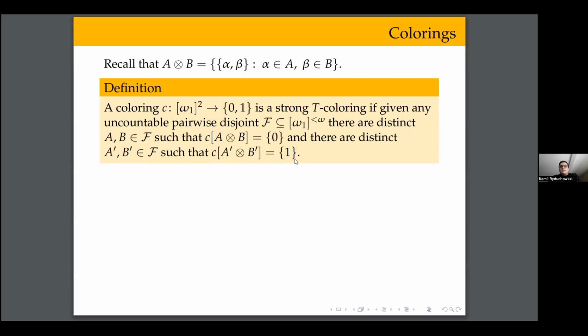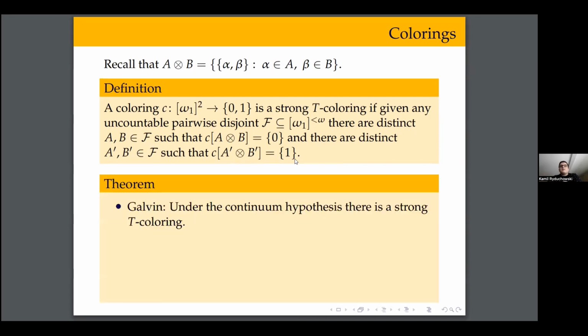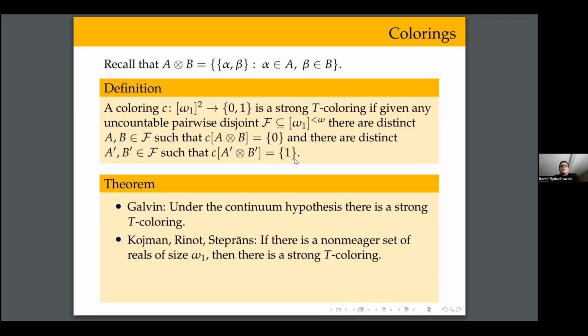It's been known for some time now, it's a result of Galvin, that under the continuum hypothesis there is such a coloring. It follows from a very recent result by Kojman, Rinot, and Steprans that the existence of a non-meager set of reals of size ω1 is enough to make sure that there is a strong T-coloring.